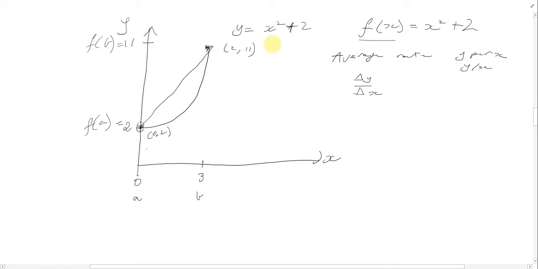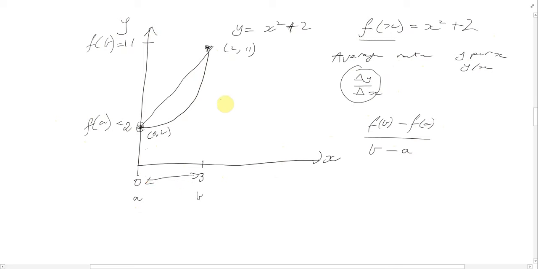So another way we could have written this formula here is the change in y is our function of B, which is 11, take away the function of A, divided by B minus A, to get this change in x.